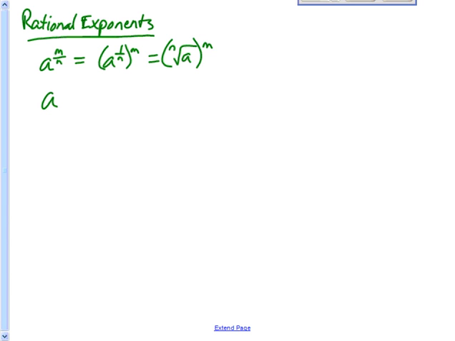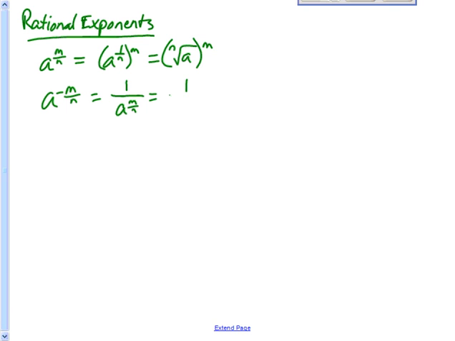Now what about if you have a to the negative m over n here? And I'm considering m to be a positive integer, by the way. Well, this is 1 over a to the m over n, right? If you remember, like a to the negative 2 is 1 over a squared, right? So 1 over a to the m over n.